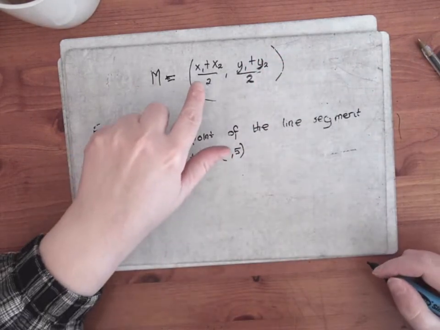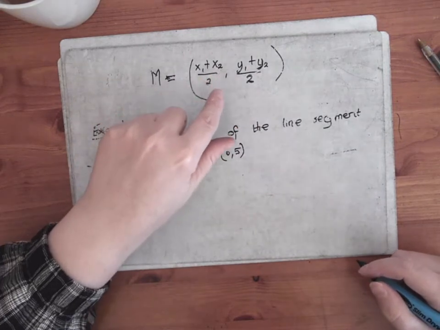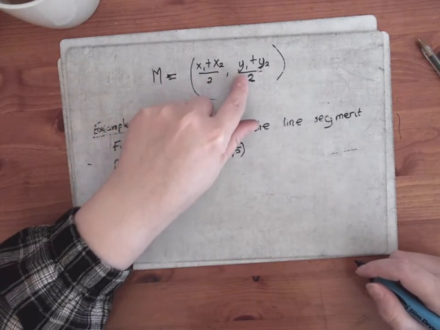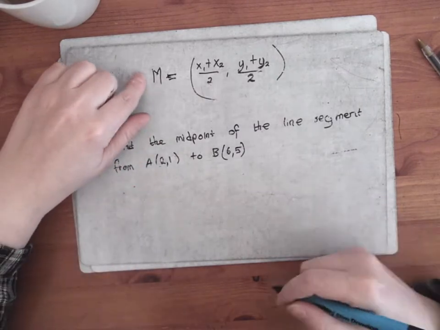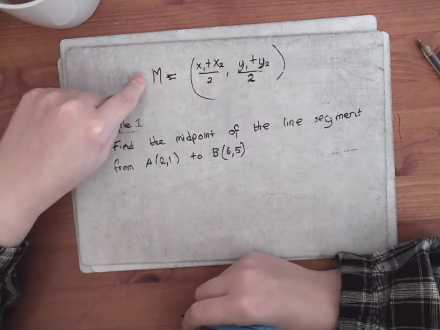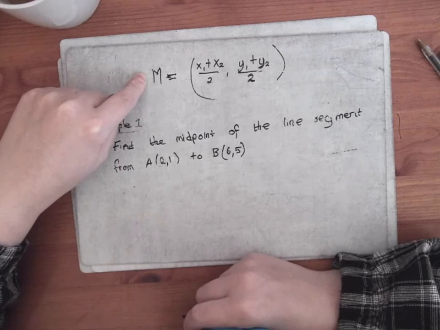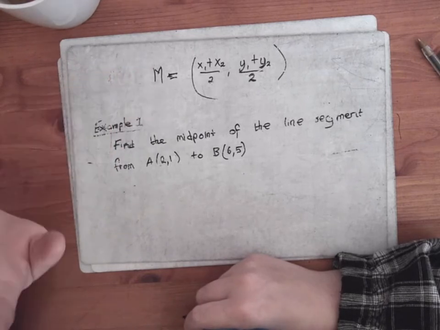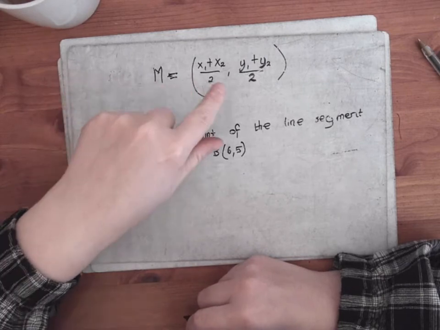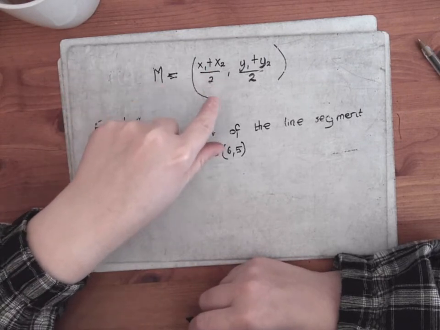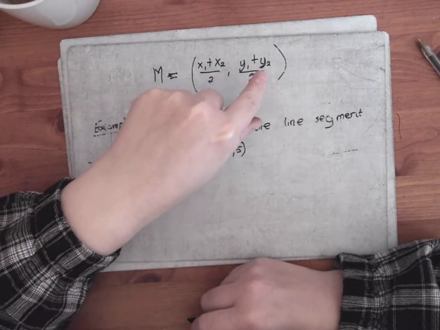So it's x1 plus x2 over 2, comma, y1 plus y2 over 2. We call the midpoint capital M. Capital M for midpoint. Capital, very important. We'll see why later.